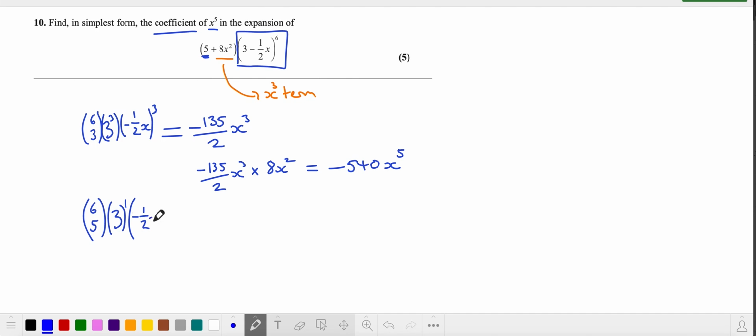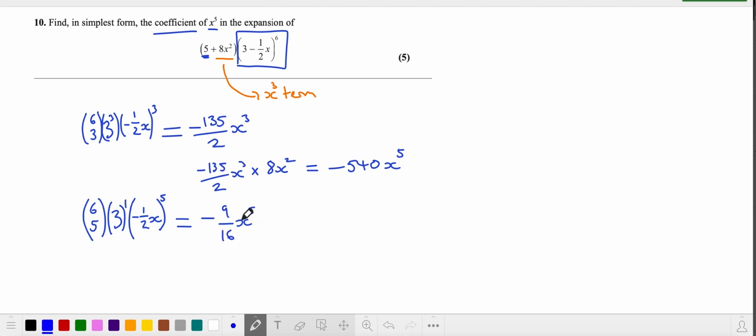So we'll do the same thing here. So we want our x term to be to the power 5, meaning the 3 needed to be to the power 1 because they've always got to add up to the total power. So 6 choose 5 times 3 times minus a half to the power 5 gives me minus 9/16 x to the power 5.